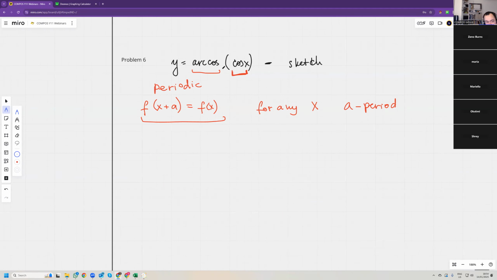So we want to sketch that. We know that cosine x has a period 2 pi. So we do expect arc cos of cos to also have a period of 2 pi. Cos x is an even function.